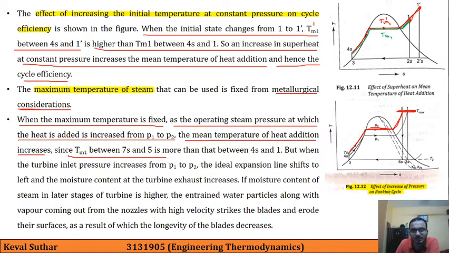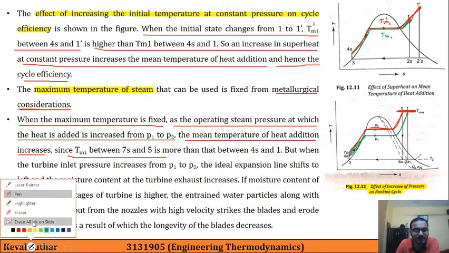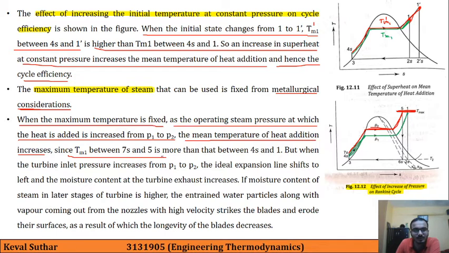And the previous one is 4s to 1. So you can clearly see that the mean temperature of heat addition is more in the case of the later, higher pressure, that is, Tm1 between 7s and 5 is more than between 4s and 1.